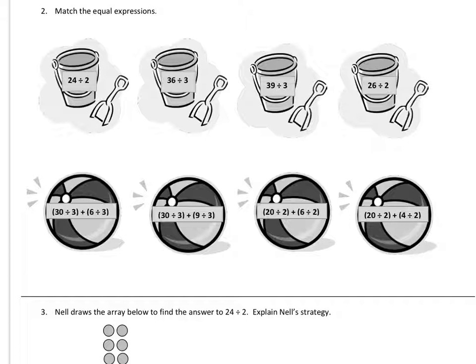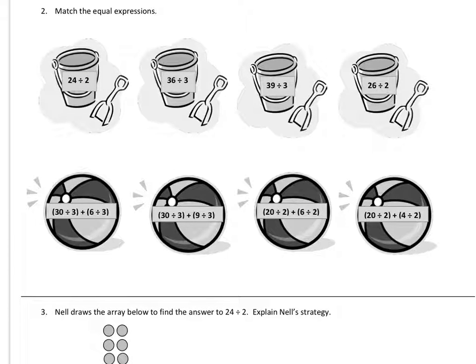I have 24 divided by 2. So I know I'm looking for a divided by 2 beach ball. Now I need to look for which beach ball is going to give me 24. If I have 20 and 6, and remember I'm only looking at the beginning numbers because my divided by 2's I've already matched.